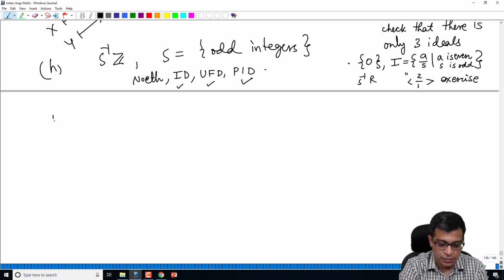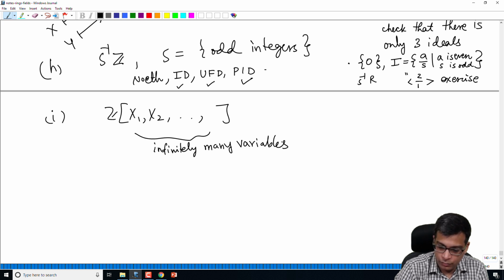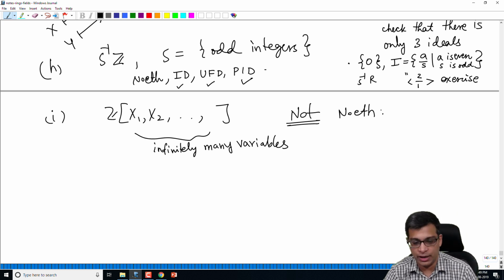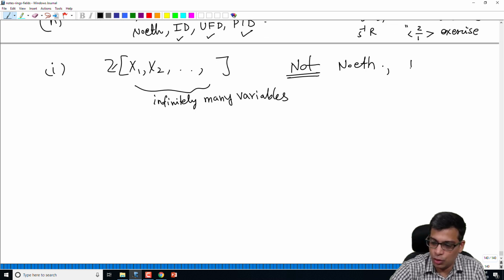And let me just give you a final example of something which is not even Noetherian, for example, if you take Z adjoined x1, x2, infinitely many variables. This is not Noetherian. The ideal generated by all variables is not a finitely generated ideal. It is though an integral domain.